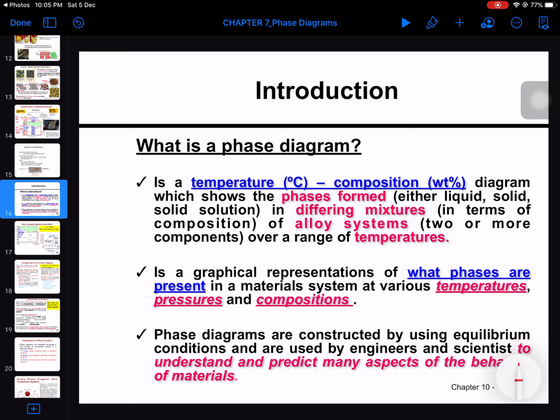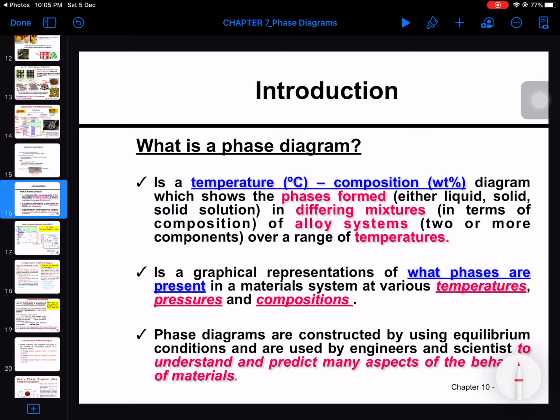So why is it important? Phase diagrams are important in engineering and science because of the strong correlation between the microstructure and the properties of the material, such as mechanical properties, where the development of microstructure of an alloy is related to the characteristics of its phase diagram.